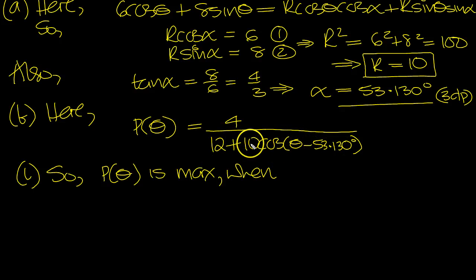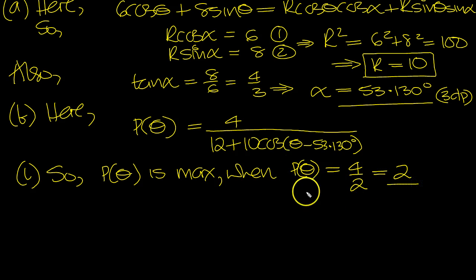It would be least when cos is minus 1, because theta varies from 0 to 2 pi, so cos will attain a value of minus 1. 12 minus 10 is 2. 4 over 2, which equals 2. I'm going to put 12 minus 10 here, that would be 2 here, 4 over 2, just a little bit of workings here.